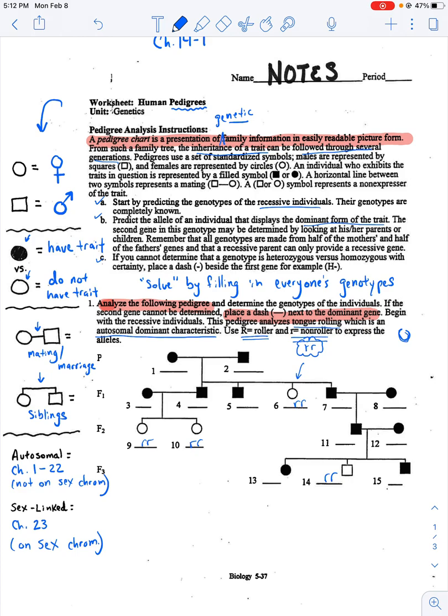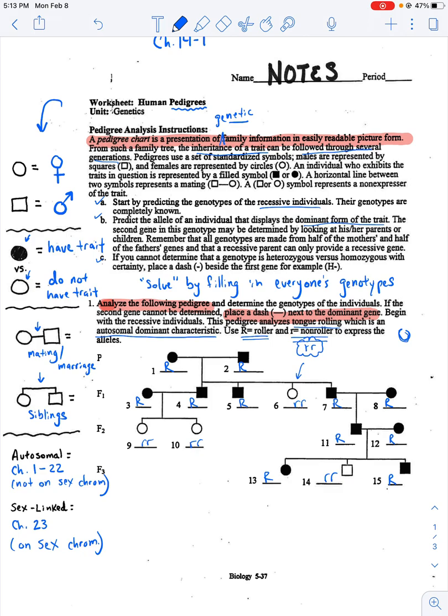So they have at least one big R. So you can put one big R for everybody who's remaining. And now the hard part is figuring out what is the second allele for each individual. Sometimes you can figure that out pretty quickly. Other times you might not be able to determine it.